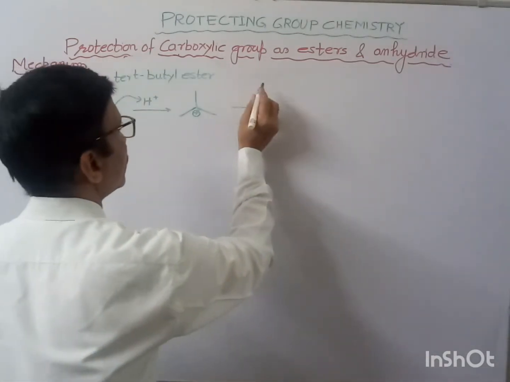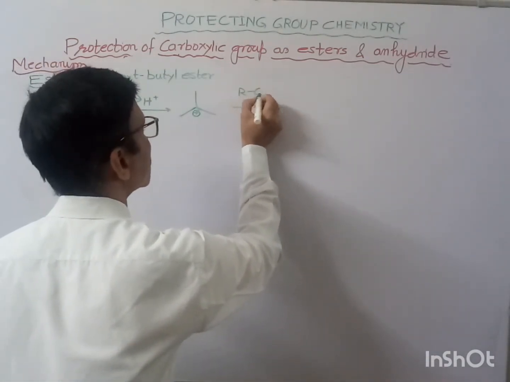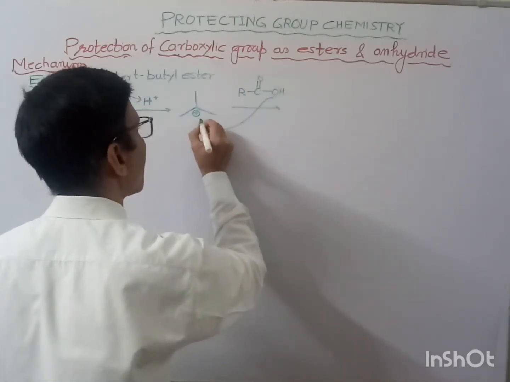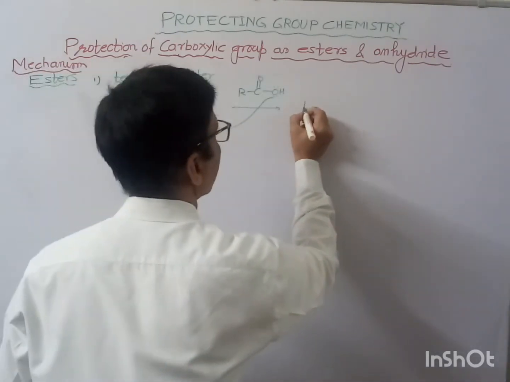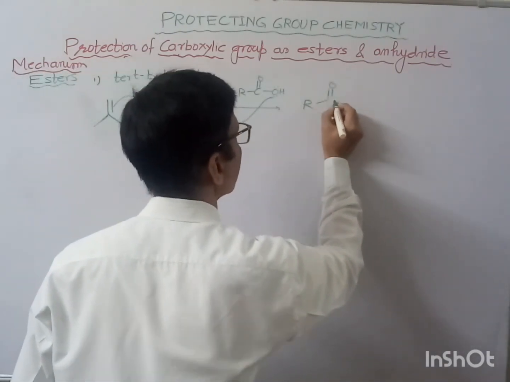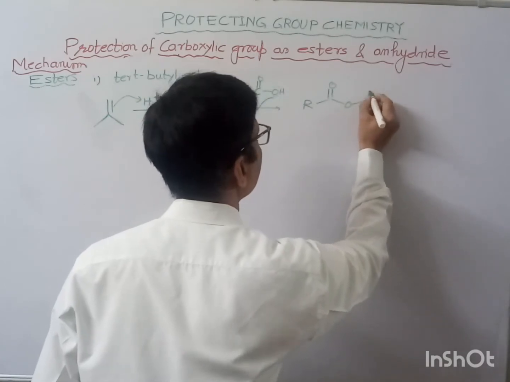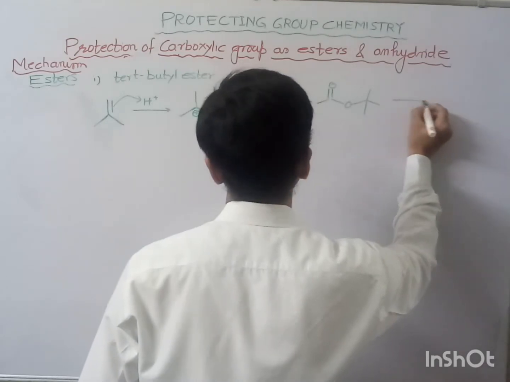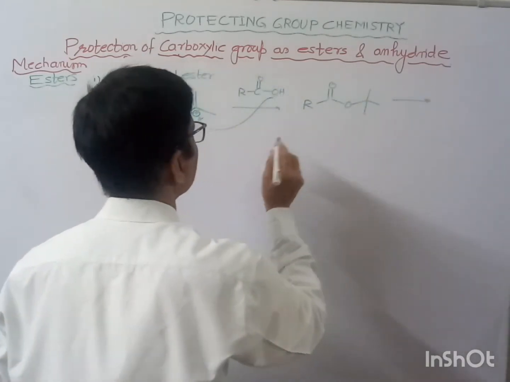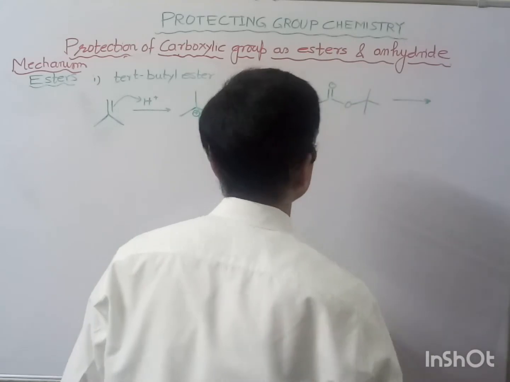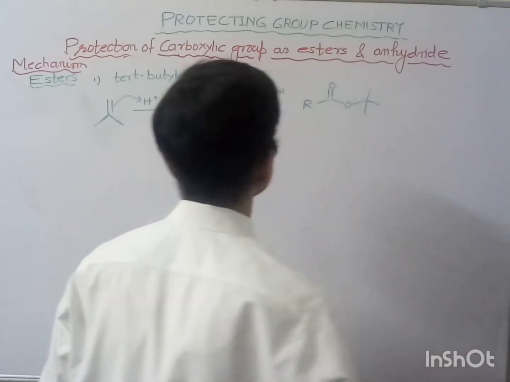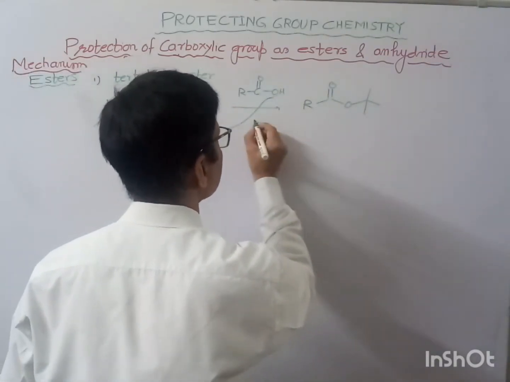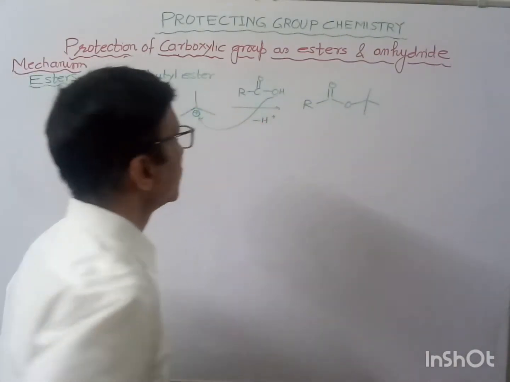Now in the next step we have this acid group. So we have got this tertiary butyl group over here, and this H plus is removed from here, like this.